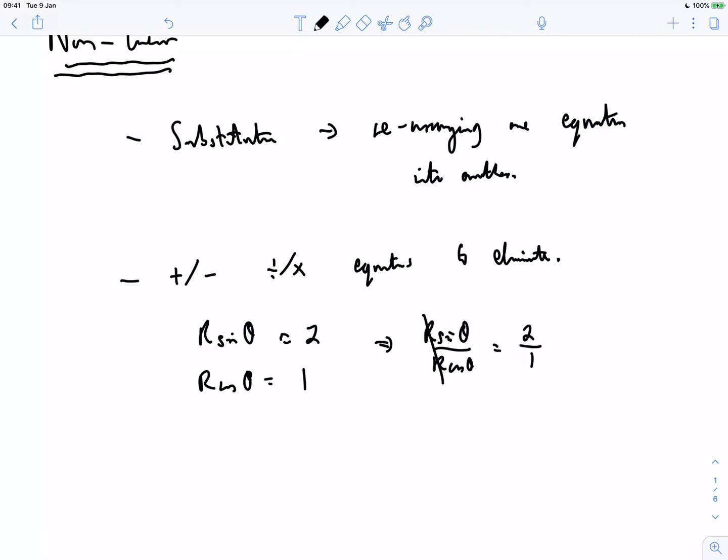The r's cancel, sine over cosine equals tan of theta equals 2. And now that's something you can solve in terms of theta. So don't be afraid: you can add, subtract, multiply, divide, all the usual rules of algebra, so long as you're consistent.